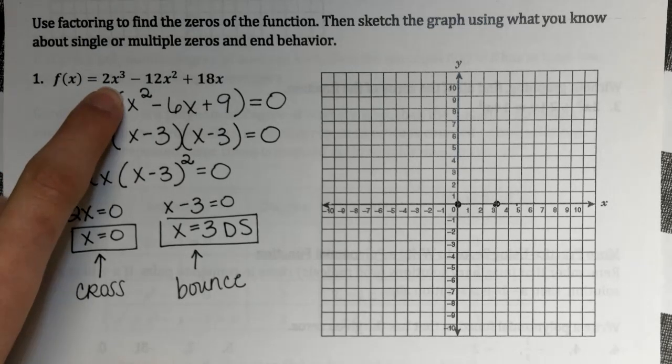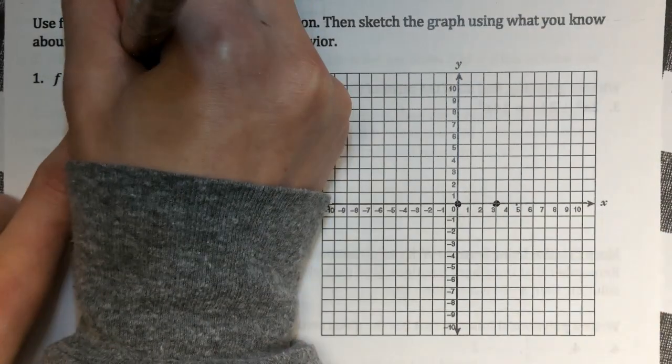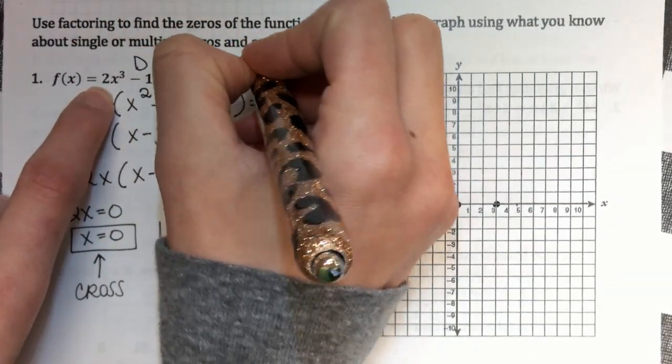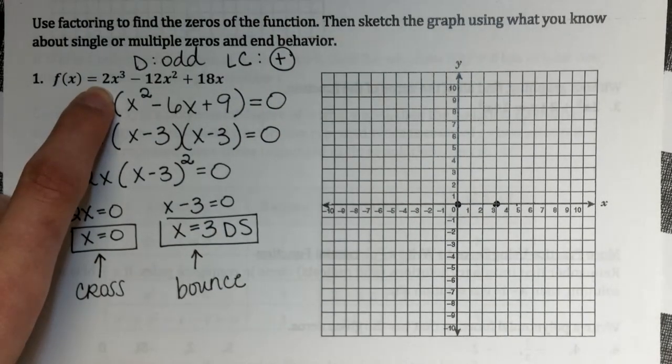Now if I'm looking at my first term, 2x to the third power, are they going to go in opposite or the same direction? It's an odd degree, so it's going to be opposite. My leading coefficient is positive, so that means does it start or end positive?